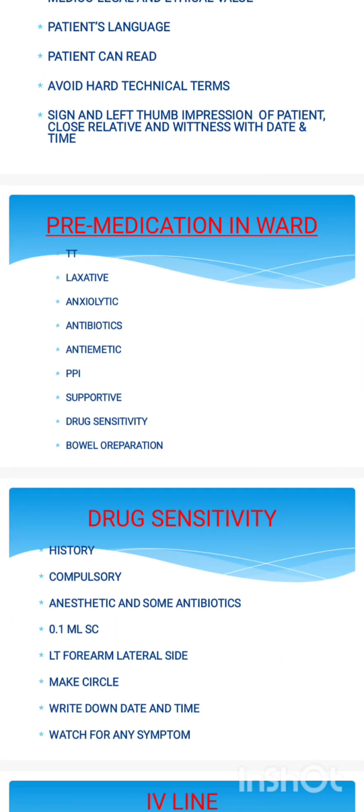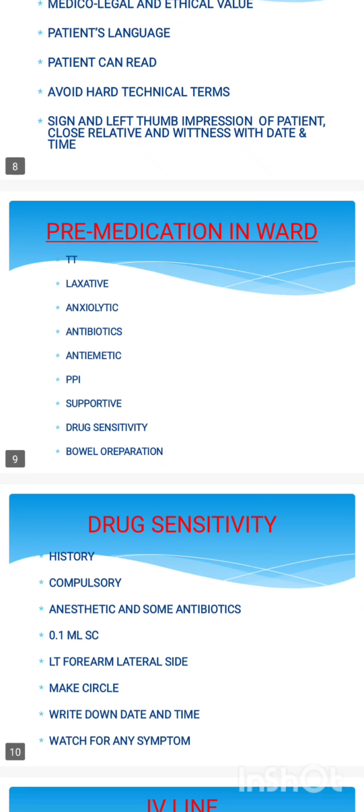Now, what pre-medication is given to the patient in the ward? First thing, injection TT 0.5 ml IM stat should be given prior to every surgical procedure. If the patient is posted for major surgery, abdominal surgery, a laxative should be given so that the bowel is evacuated.